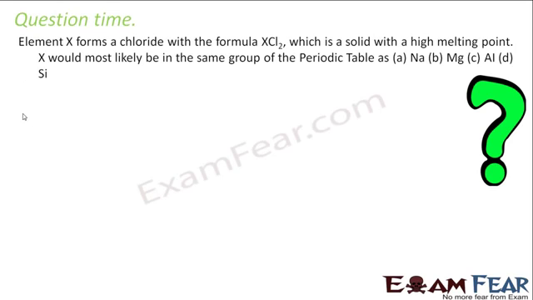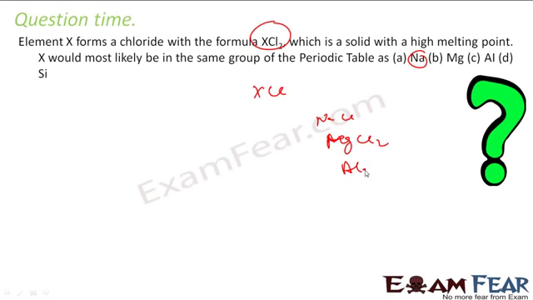Element X forms a chloride with the formula XCl2, which is a solid with a high melting point. X would most likely be in the same group as which element? See, since X forms XCl2, if you see, Na forms NaCl, Mg forms MgCl2, Al forms AlCl3, right?